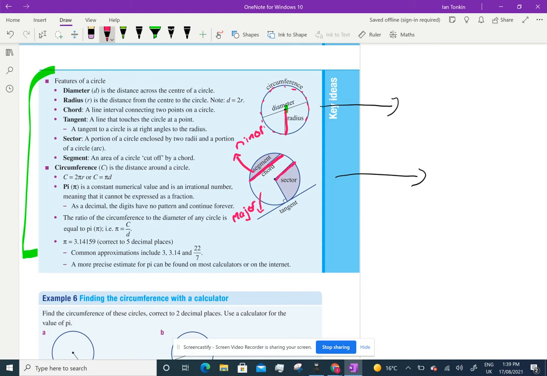If you cut a piece of a circle, like a piece of cake, using the centre, using the radius, you get a sector. And a tangent is a line that just touches the side of a circle.